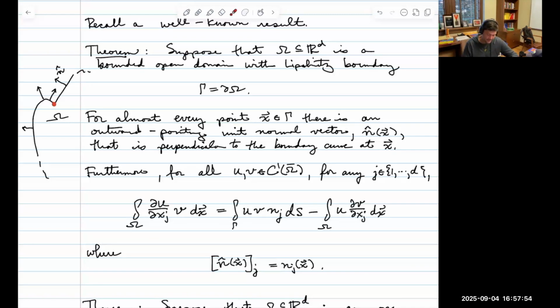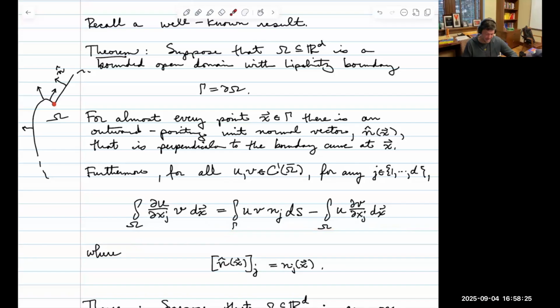And furthermore, for all u and v in C1 of omega bar, so these are functions that are fairly nice. They're C1 functions over this compact set omega bar. So they're definitely continuous functions. They have a classical derivative, which is also continuous. And of course, they have to be bounded. Then for any j in the indices between 1 and d, inclusive, I have the usual integration by parts formula.